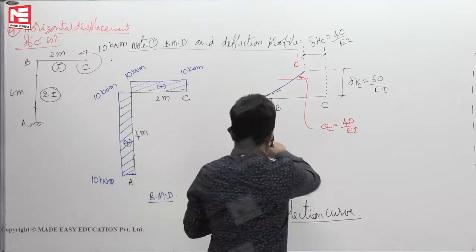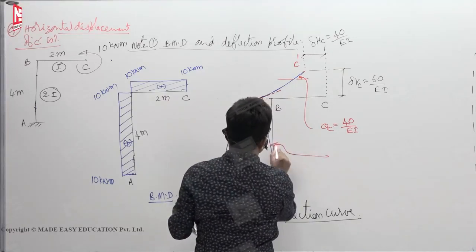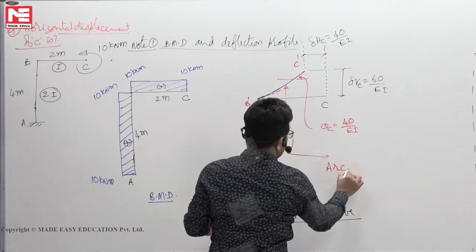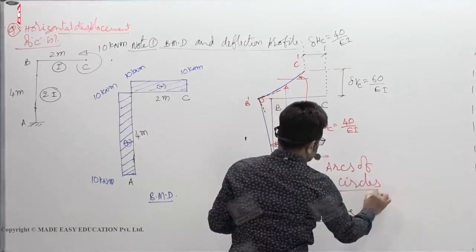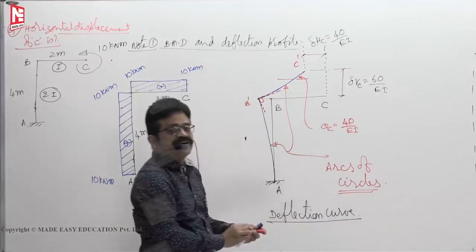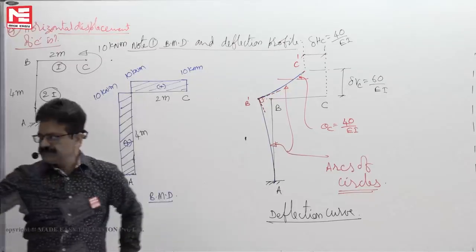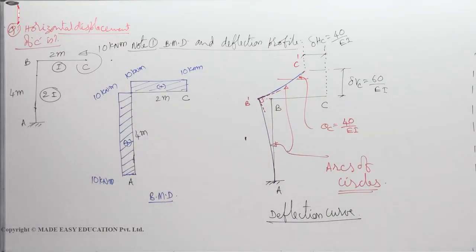So you get an arc of a circle here, two arcs of circles, this and this. These two are arcs of circles. Why should it bend like an arc of a circle? This is what you have learnt in strength of materials.